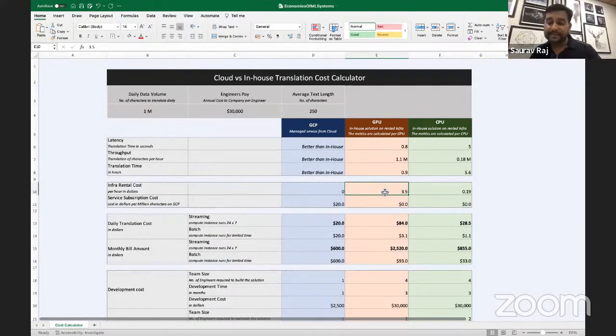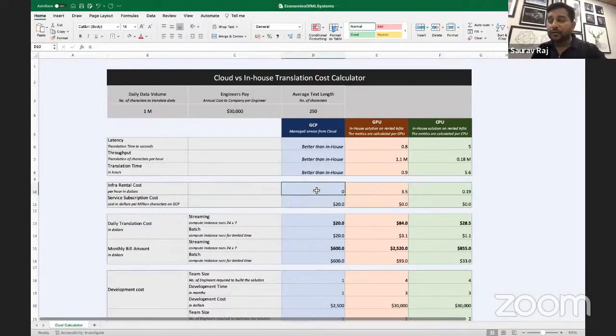Of course, for an enterprise, these rates could be discounted, but to keep the discussion simpler, these are the rates mentioned on the page. This is the cost of renting just the machine. For a CPU, one has to pay almost $0.2 per hour. So this is the infrastructure rental cost.